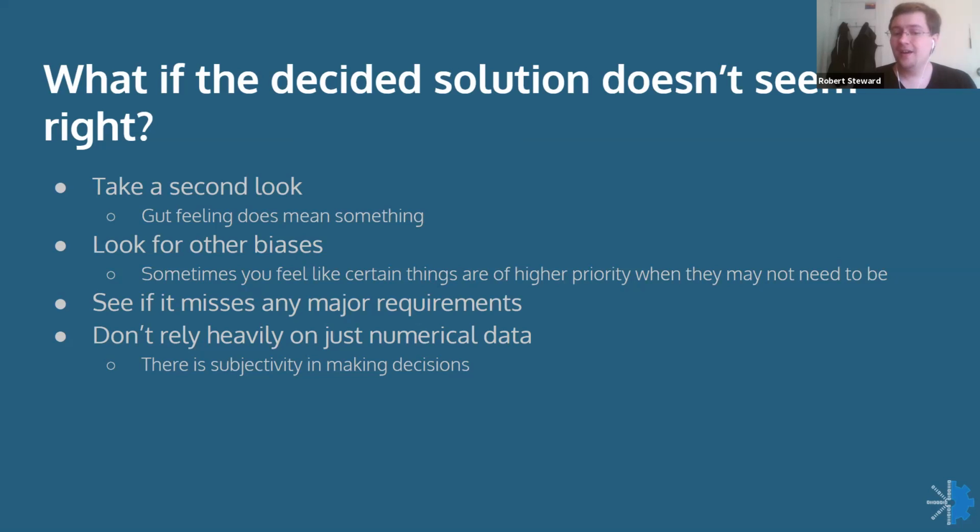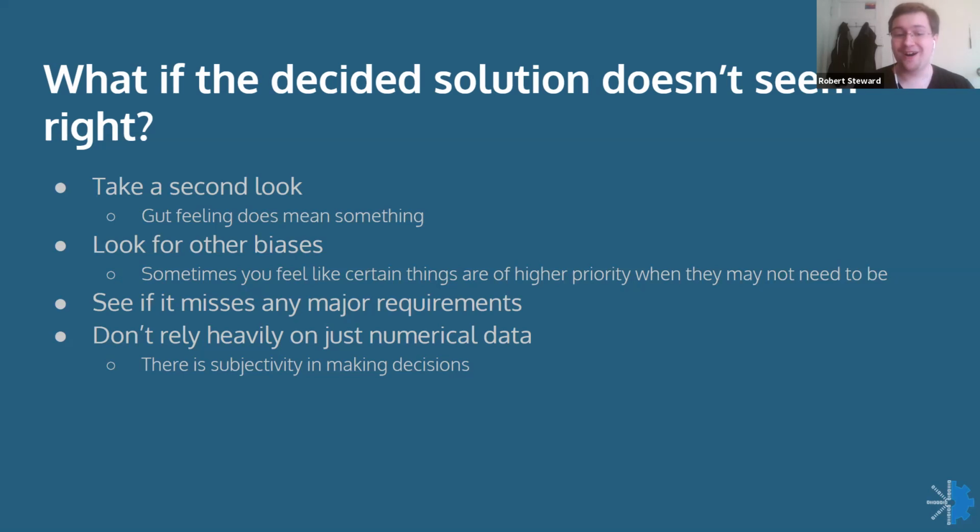Last is, don't rely just on those numerical data points that you may gain. So like I gave you a bunch of different matrices that give you definitive numbers. This is the best solution. That doesn't mean it is. As we saw, your Pugh chart and your weighted rating, I tried to make those two solutions the same.